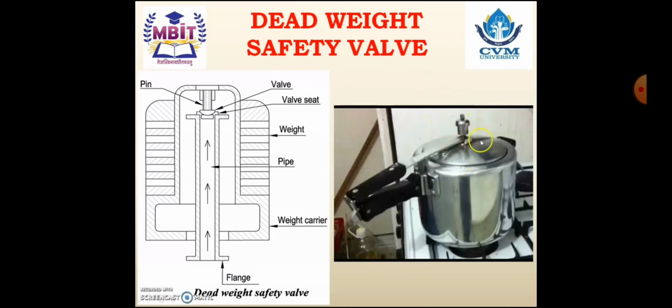What is the function of the whistle here? Whenever the pressure of steam inside the pressure cooker increases more than the safe working limit, the whistle automatically moves up and allows steam to be removed from the cooker to the atmosphere.